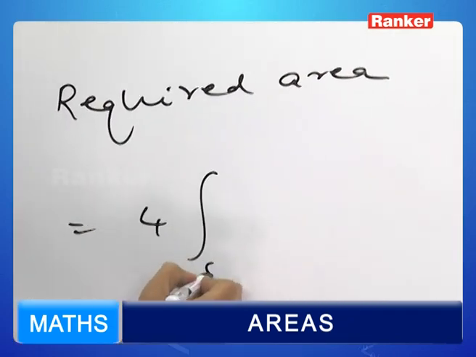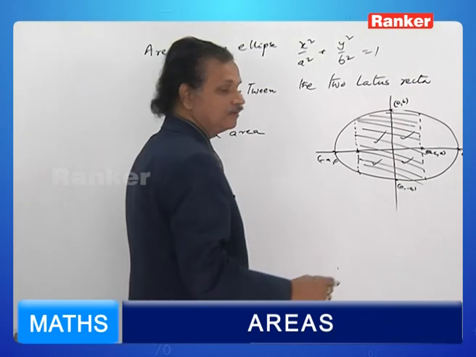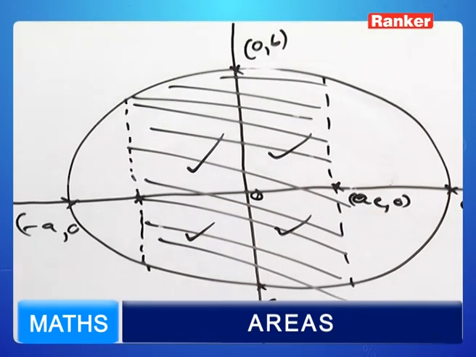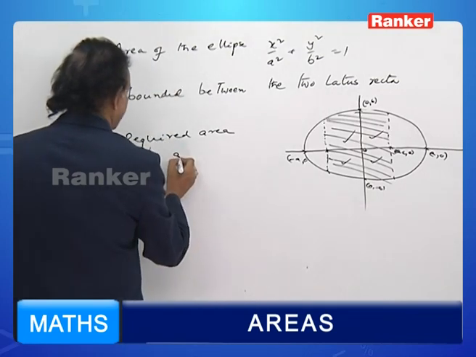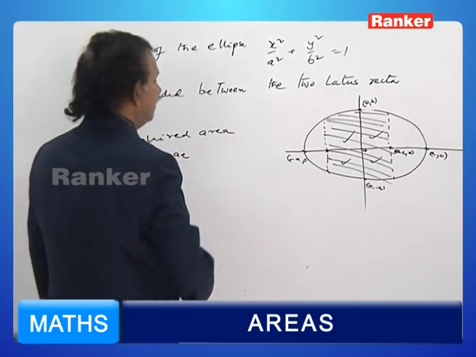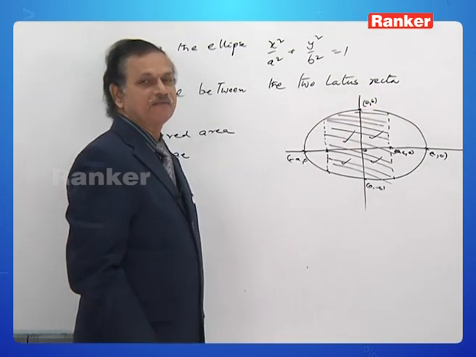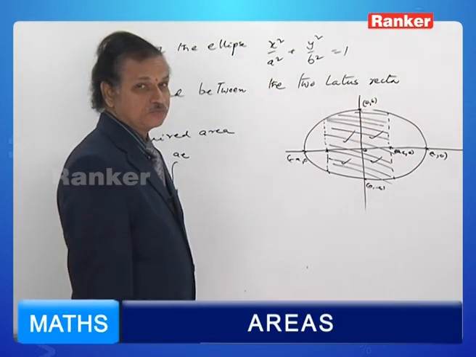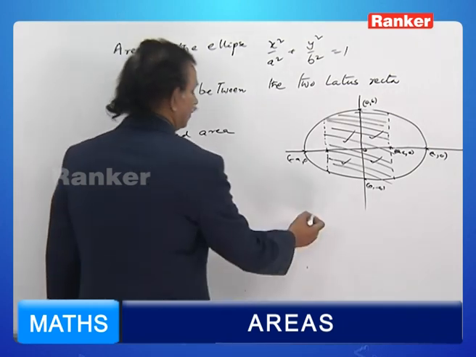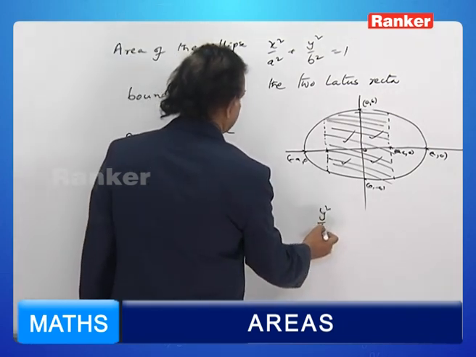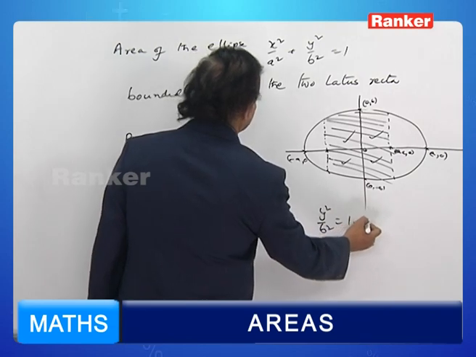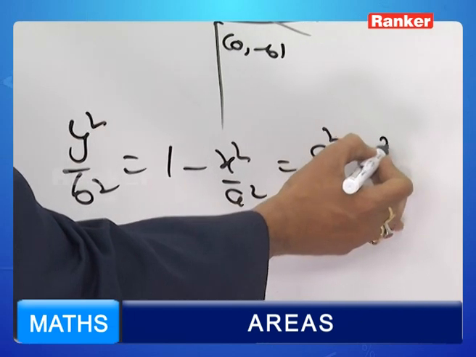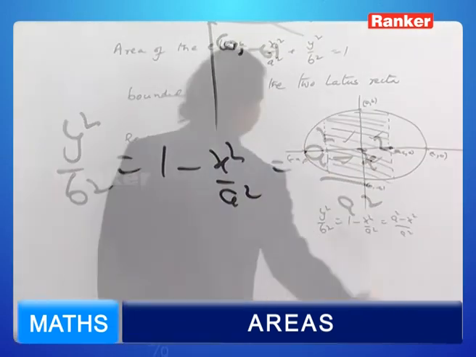4 into the integral from 0 to AE. I like to find this area, 4 into the integral from 0 to AE. This is the curve x square by a square plus y square by b square is equal to 1, and from that you must be able to get y. How? Look here: y square by b square is equal to 1 minus x square by a square, that is equal to a square minus x square by a square.